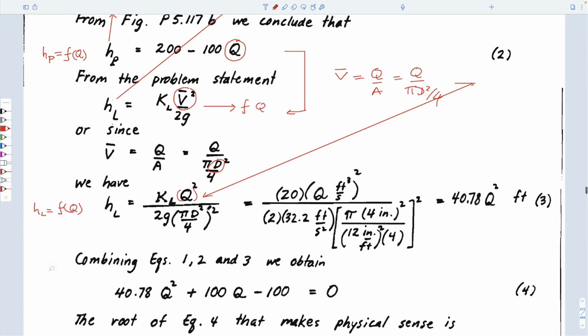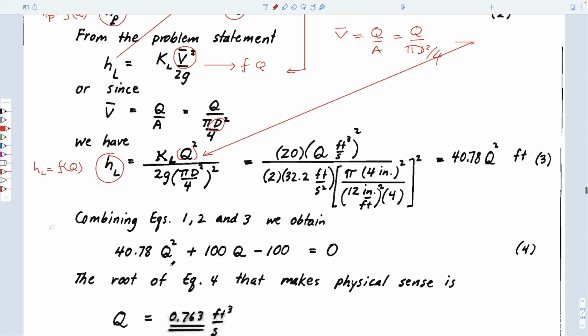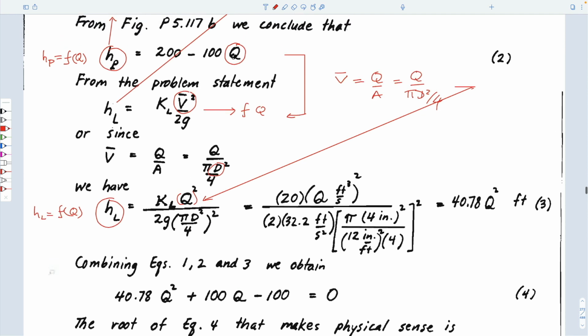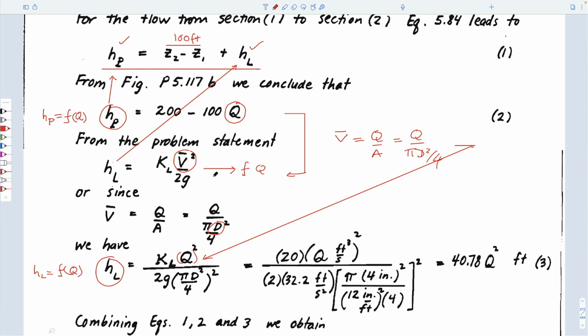So if you substitute this term for this and this term for this, and then you go through the algebra, then you end up with a quadratic term: Q squared because of this term, Q because of this term, and a constant because of Z2 minus Z1.